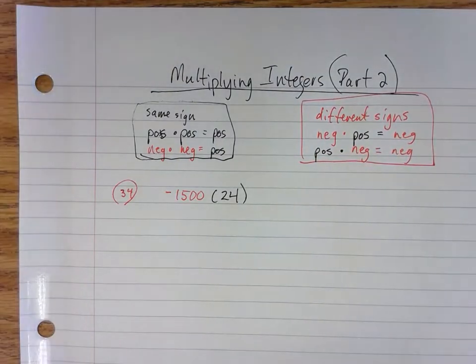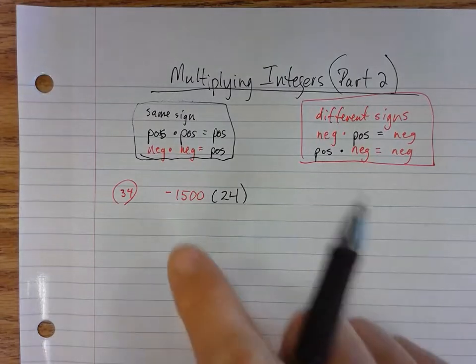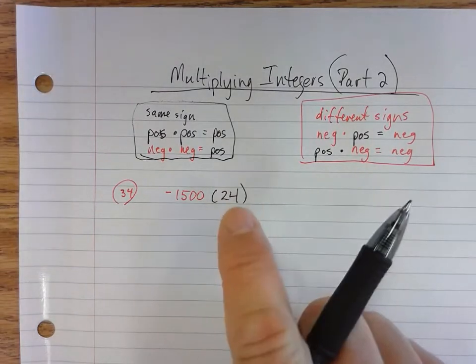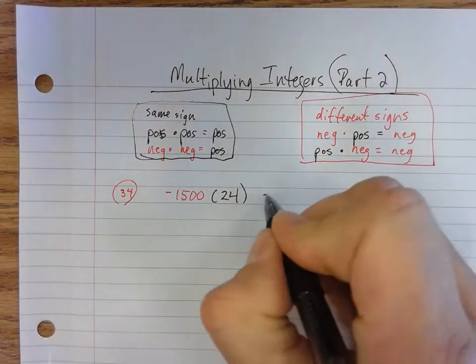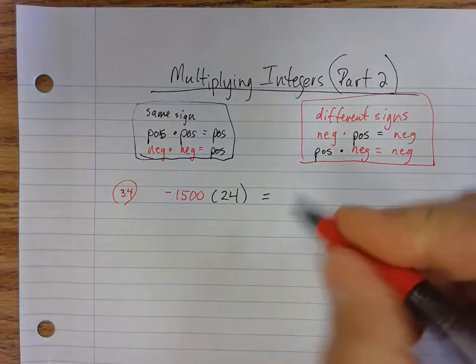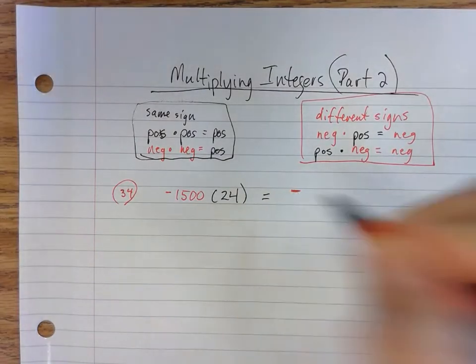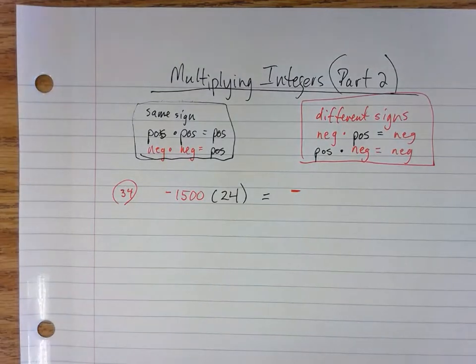Negative 1,500 times 24. So you got to multiply those together, okay? So since we have a negative times a positive, that product I'm going to get is going to be a negative answer, okay? So hopefully you got that from yesterday, but I'm just going to tell you that that is going to be a negative answer. Alright? You can multiply those together and figure it out.